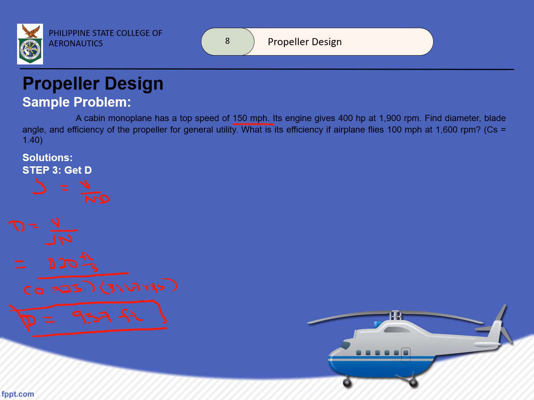What next? So, pretty much ang next natin is to get the efficiency of, diba, itong given na scenario na ito. But in order for us to do so, we would need to get the advance ratio para pretty much makuha yung CS bago makuha yung efficiency.